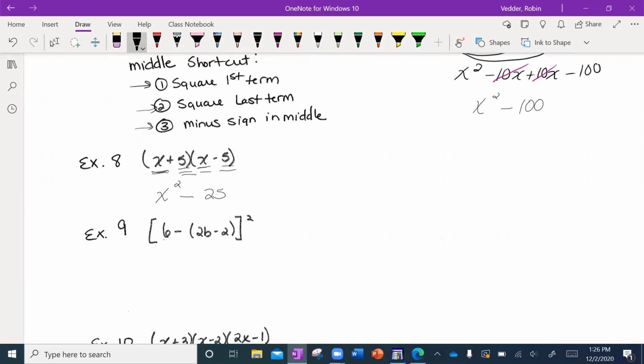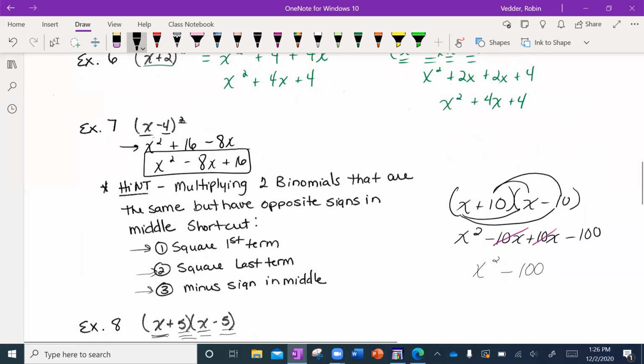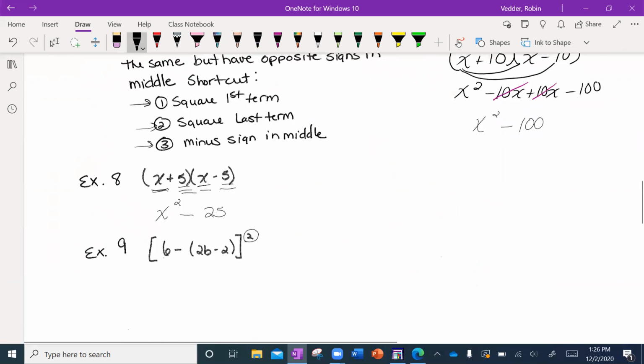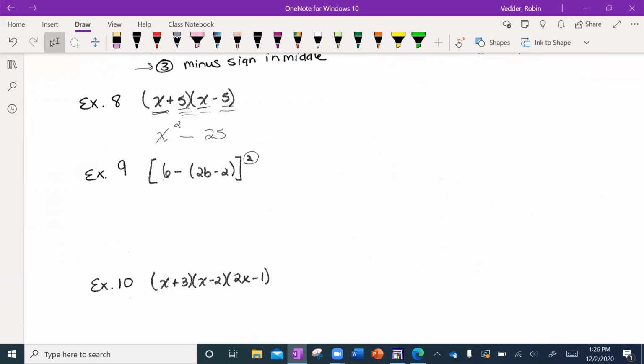We have 6 minus 2b minus 2 squared. So we could consider this as a binomial squared. So when we have a binomial squared, square the first, square the last, multiply the 2, and double it. So if I square this first guy, 6 squared is 36.